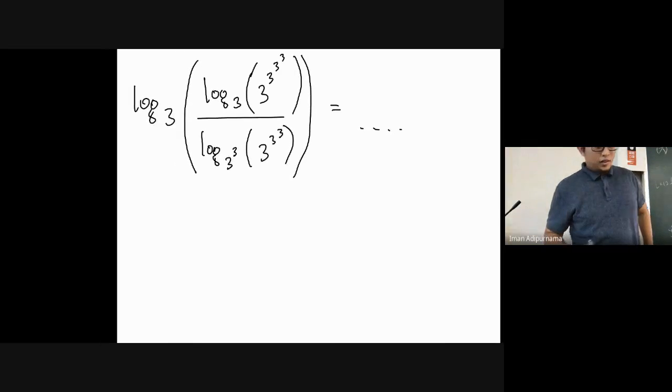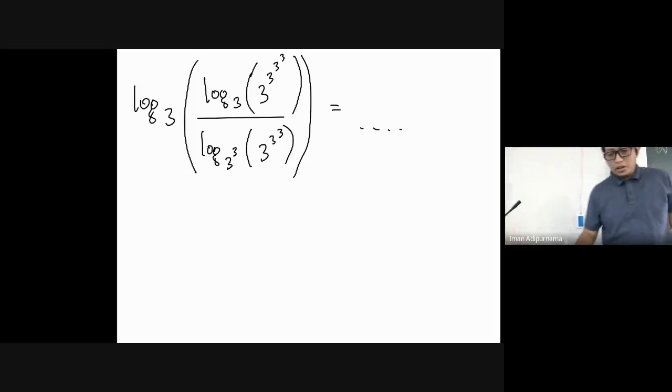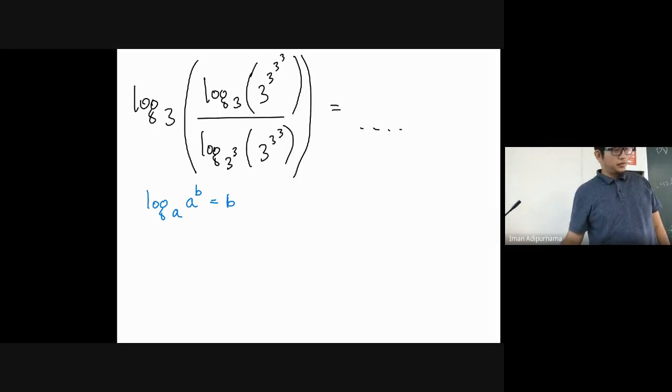Okay. So let's try to observe this question first. All of this is log base of 3, right? Log base of 3, 3, 3. So what you need is, if you have log A, it's 1, right? So if you have another B here, it becomes B, right?